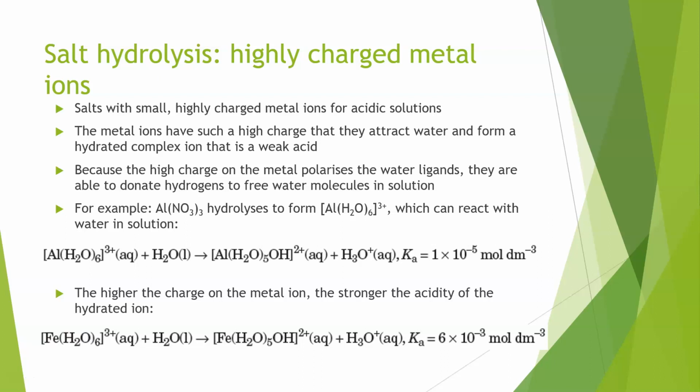Lighter group 2 metals such as magnesium and group 3 transition metals will lower the pH of a solution overall though, but they have less effect than the effect we see with aluminium and iron, particularly with the 3+ charge states. So essentially what we're saying is that salts with small highly charged metal ions will form acidic solutions.